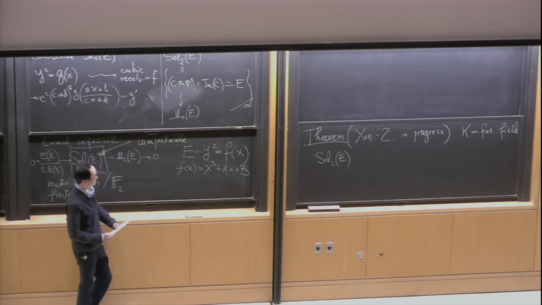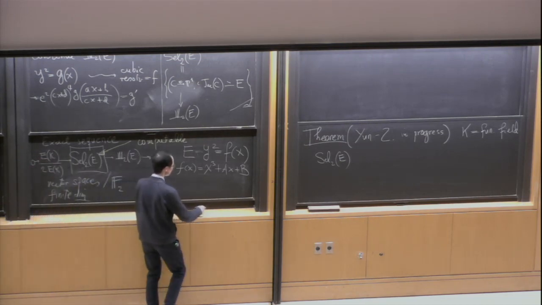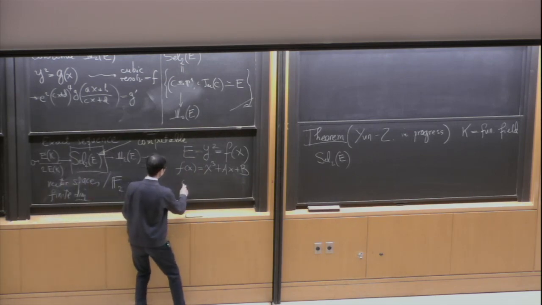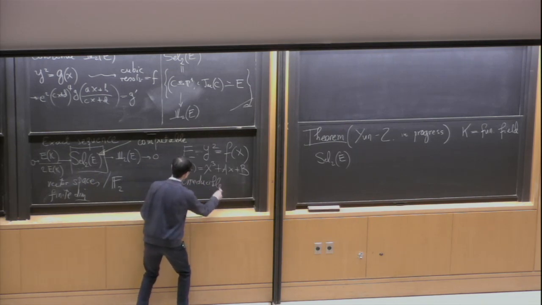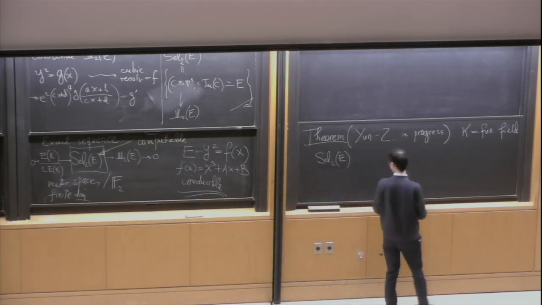In the function field case, I'm going to assume the characteristic is not too bad, it's not 2 or 3, so let me not consider those pathological characteristics. Suppose this is irreducible. Again, this is not essential. I can state a result which does not need this irreducibility.